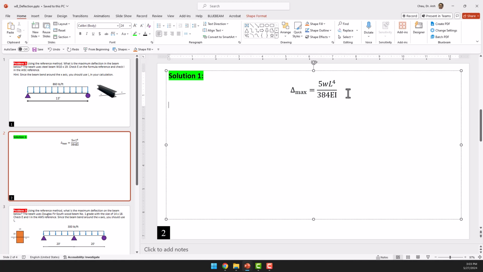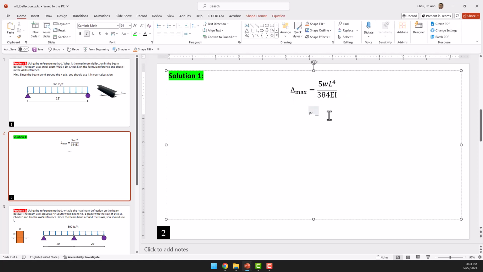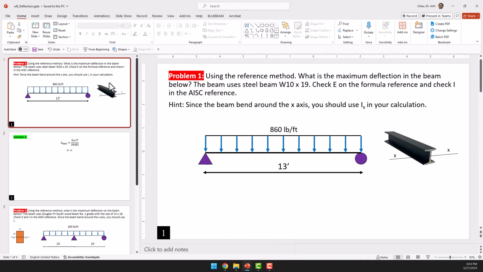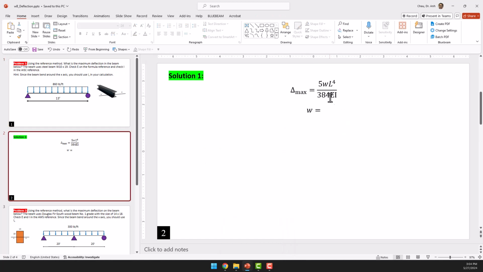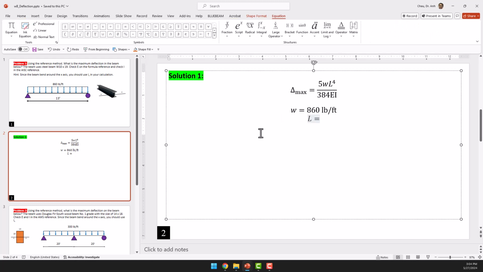So now we need to find W. We already know that W equal to this value, 60 pound-foot, and then we have L equal to 13 feet.